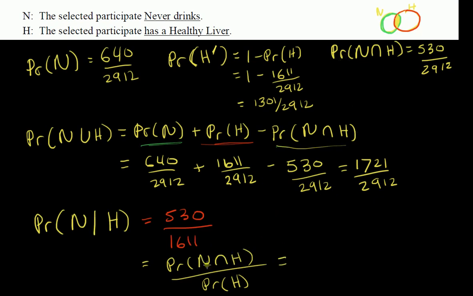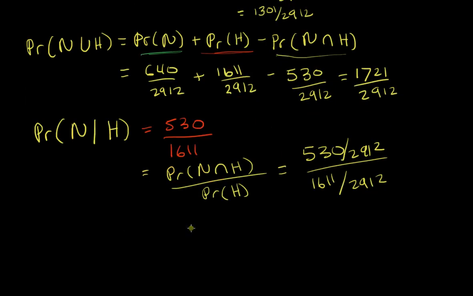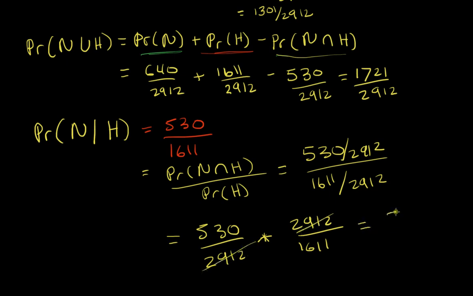Never drinks and healthy liver is up here, 530 divided by 2912, and then healthy liver, there it is, 1611 divided by 2912. If you remember how to deal with complex fractions, you've got fraction over fraction, so you take the fraction on the bottom and flip it, multiplying by the reciprocal. These cancel, and you end up with 530 divided by 1611, the same answer we got using logic.